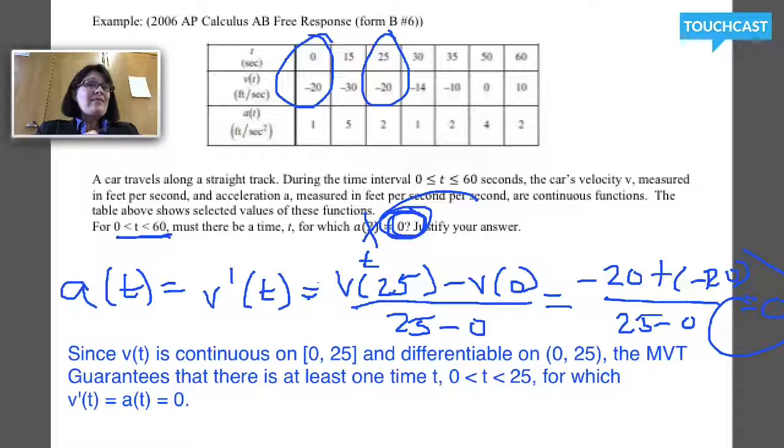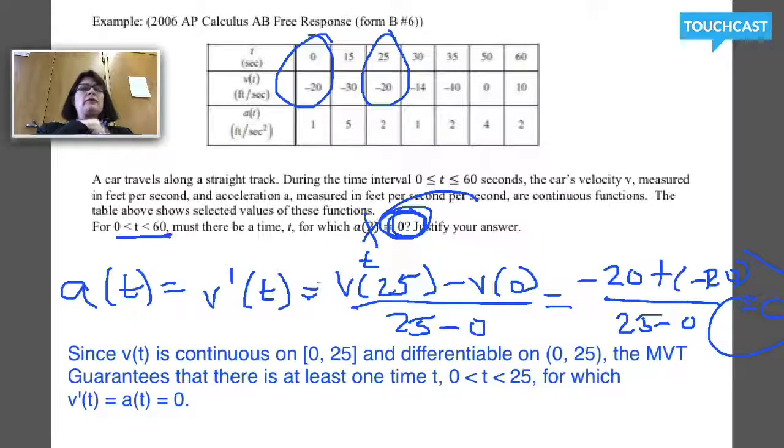Now, if we promise that we found an answer on the interval 0 to 25, must our answer be on the interval 0 to 60? It must. So the fact that our interval is smaller, that's okay. But our interval has to use an A and a B that matched our average rate of change, and it has to be the same interval that they used or an interval that's smaller.